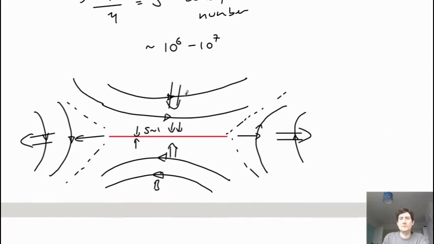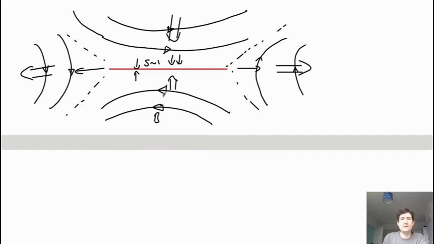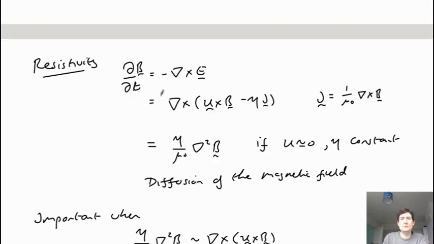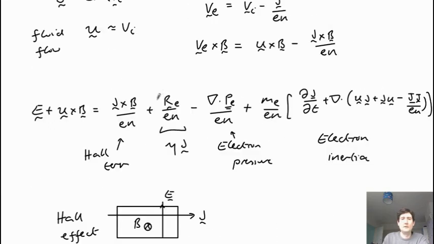Okay, so now we can move on to the next terms in the equations. So we go back to the form up here. We looked at this resistance term and how that can break the frozen-in condition. Next we'll look at this whole term here, these two terms, J cross B and the electron pressure term.